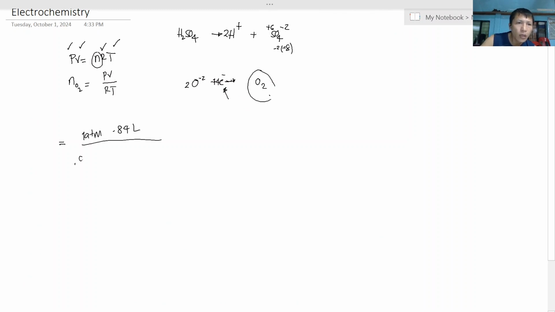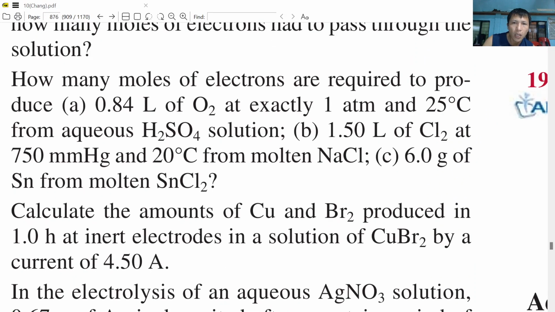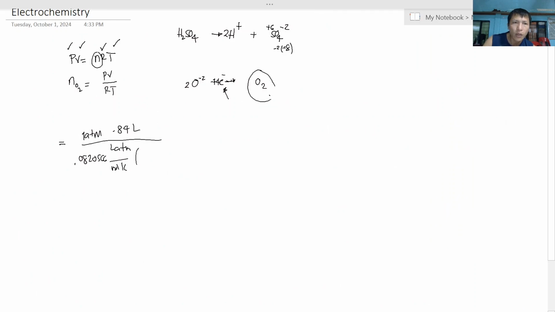Then your R is a constant, 0.082056 liter atm per mole Kelvin. And then your temperature is given, which should be in absolute temperature: 25 plus 273.15, so that is Kelvin. Cancel, cancel. Then liters, liters, atm, atm.